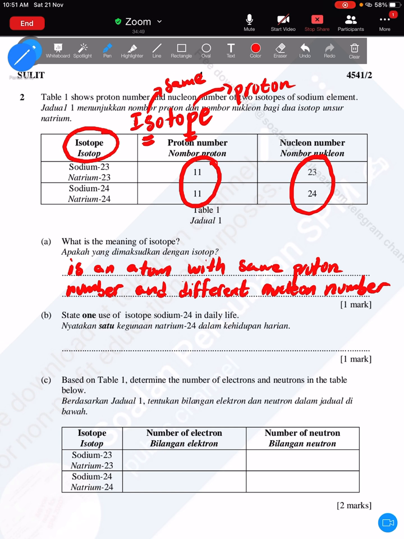Bingo. 1 mark. That's enough, no need for too much. Mempunyai nombor proton yang sama, mempunyai nucleon yang berbeza. Those are for Malay medium.